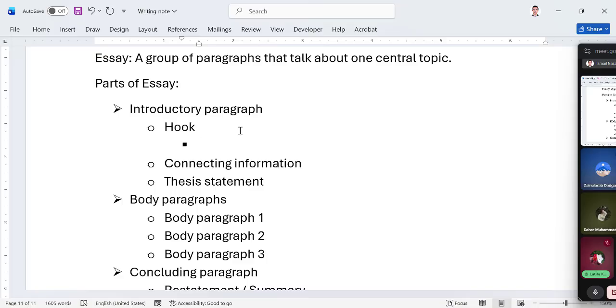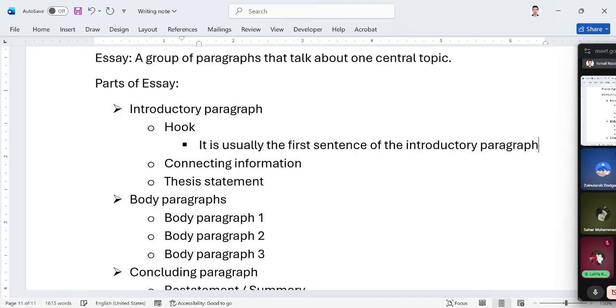Actually, we have different types of introductory paragraphs, but based on one kind, which we call the funnel introduction, the hook is the most general statement in the essay. So it is usually the first sentence of the introductory paragraph. That's the position.